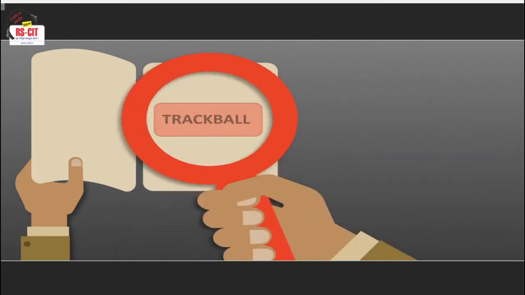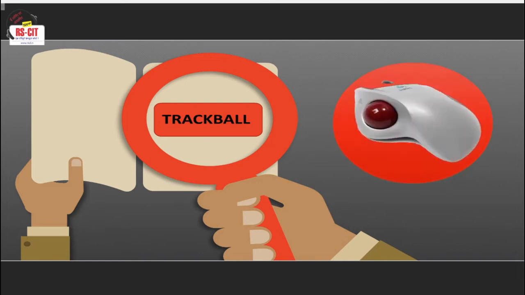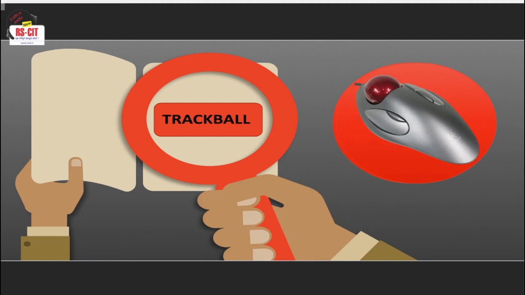Trackball is a stationary pointing device with a ball on its top or side to move screen pointer. Rotate ball with thumb, fingers or palm of hand. The trackball is like an upside down mouse with the ball located on the top. We use fingers to roll the trackball, and internal rollers sense the motion which is transmitted to the computer.